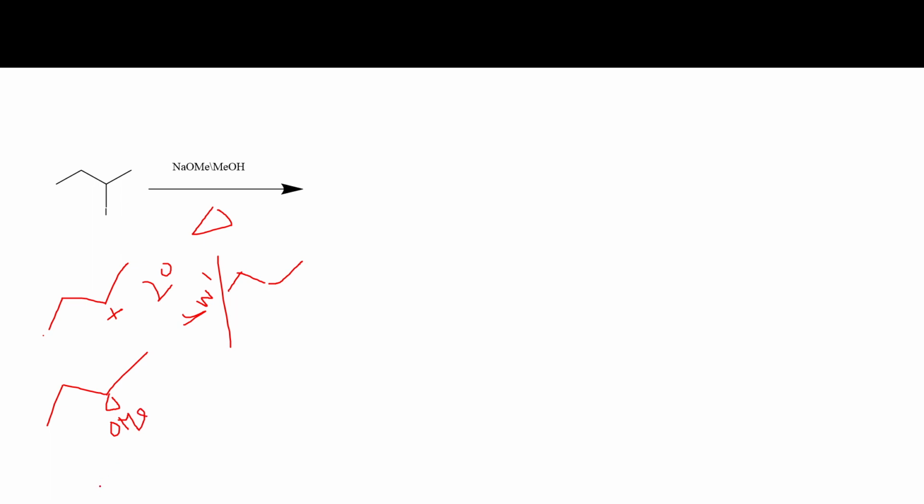For SN1 we get inversion of the product, so in one case OMe will be down. For SN2, we get one product.